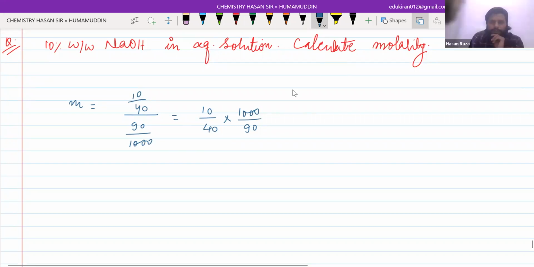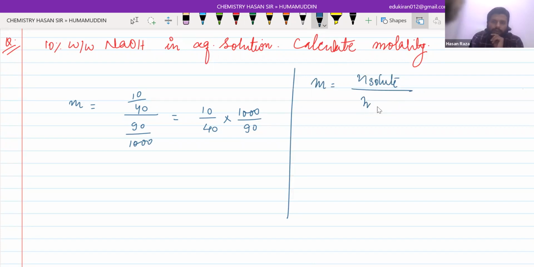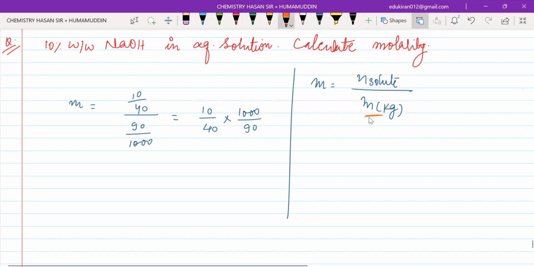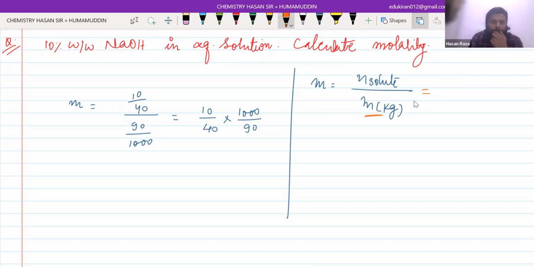Wait a minute. Molality is equal to number of moles of solute upon mass of solvent in kg, right? Yes, sir. This is the mass of solvent. What is the mass of solvent that you have got? Oh, sorry, mistake. I took 100 instead of 90. Okay, just take care of it.